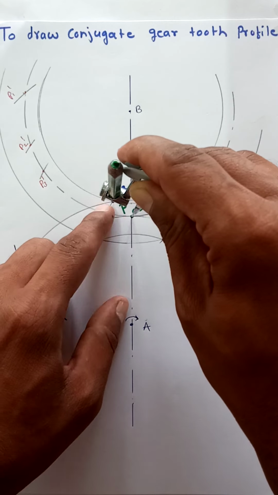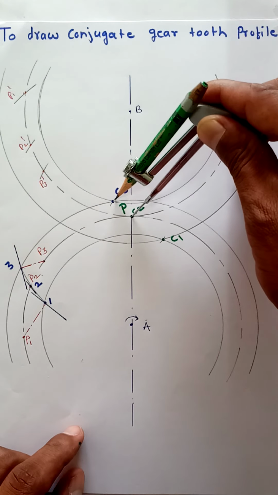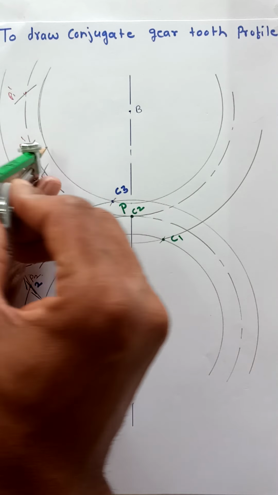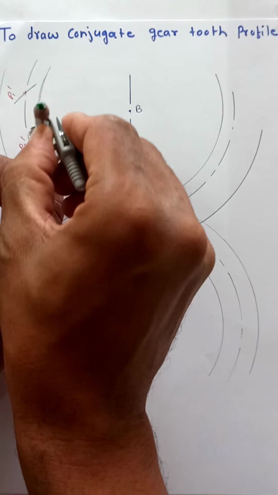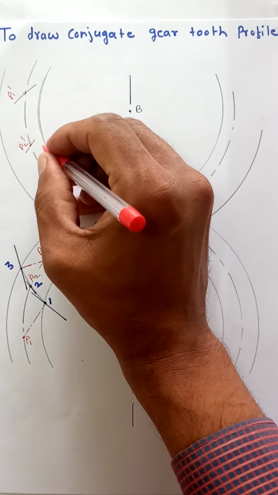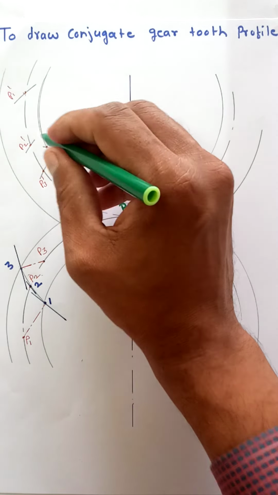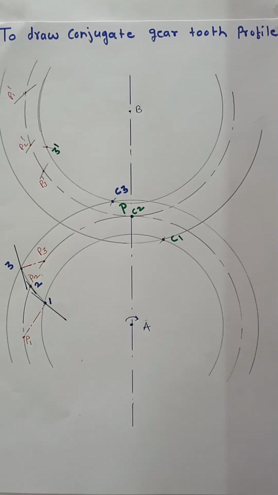So this is the distance between C3 and P. Let us take this distance in the compass, with center at P, and we will get the position of point 3 dash on the circle passing through point 3. So this is the position of 3 dash.